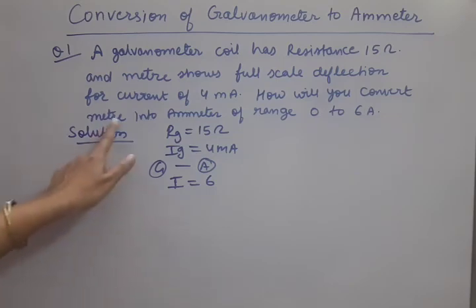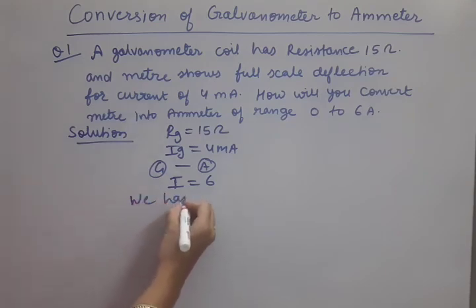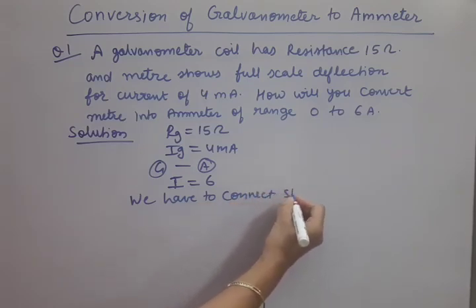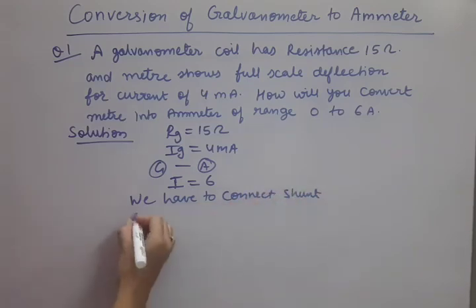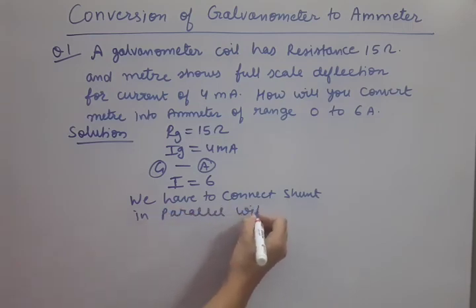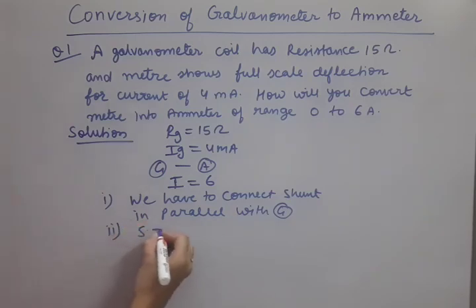Now it is written how will you convert it. You already know how to convert G to A. So you have to write the answer that we have to connect a shunt resistance in parallel with G. But you need to calculate the shunt also. Then only the answer will be completed. So the first part is how the connection is, parallel, and the second part is the shunt answer also.